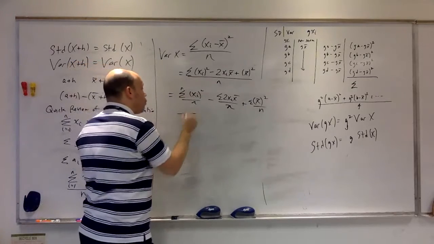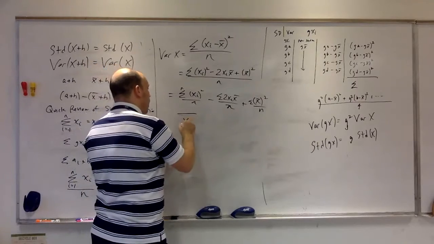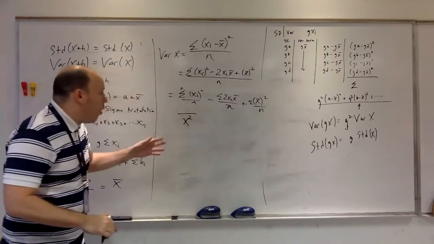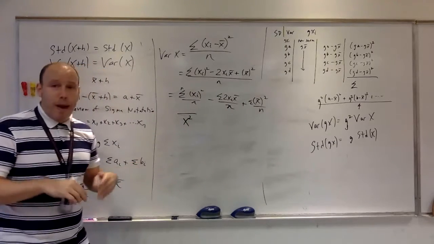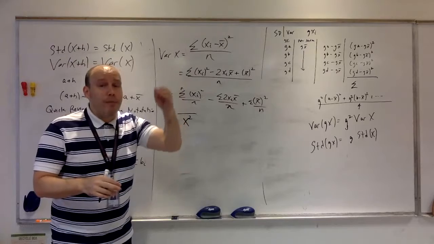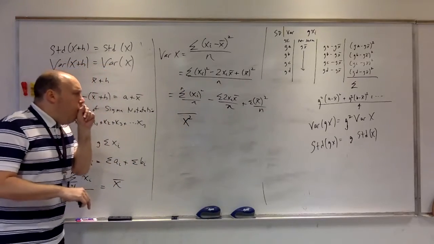So what we have here is the average of the data squared. For example, take all the basketball scores, square them, and take their average. That's technically what we did.